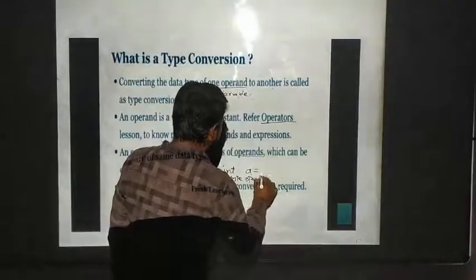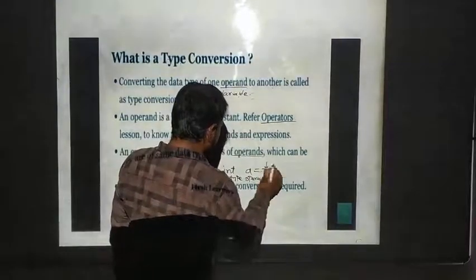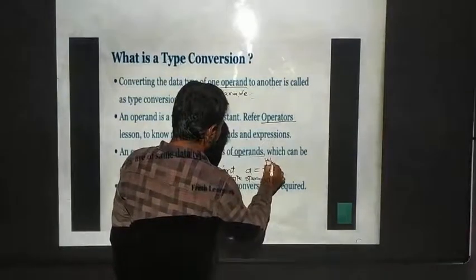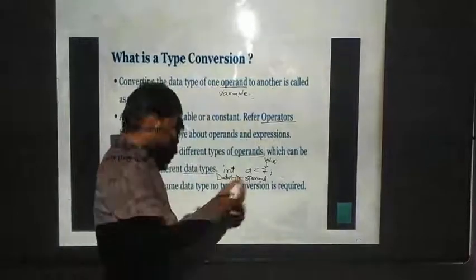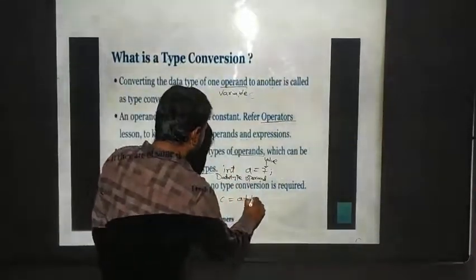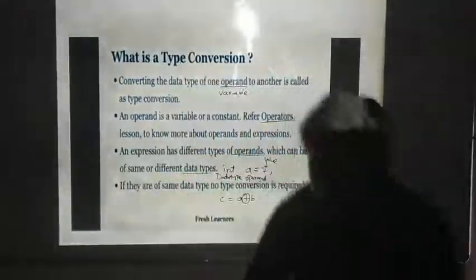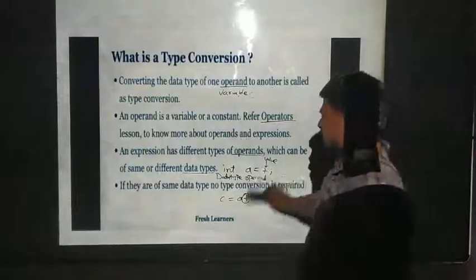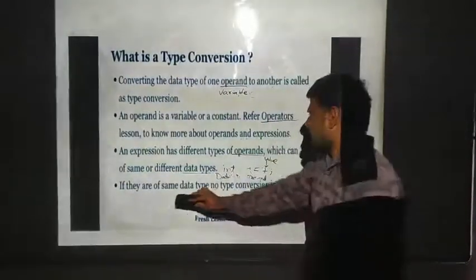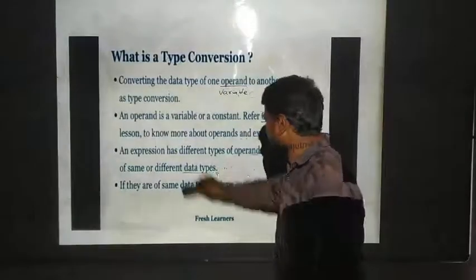If we give A is equal to 7, this is a value. If we give C is equal to A plus B, this symbol we call an operator.